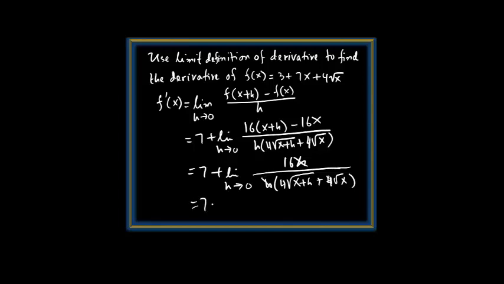When I plug in my limit, h goes to 0, so this term drops. So in the numerator I get 16, and in the denominator I get 4 square root of x plus 4 square root of x. So that is giving me finally 16 over 8 square root of x. And your final version of this is 7 plus 2 over square root of x. And that is our derivative for the given function using the limit definition.